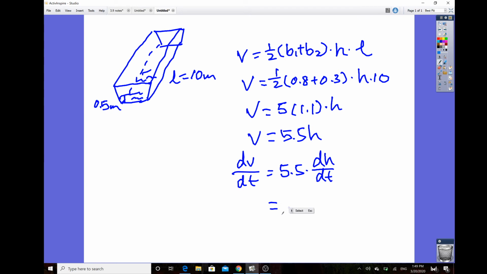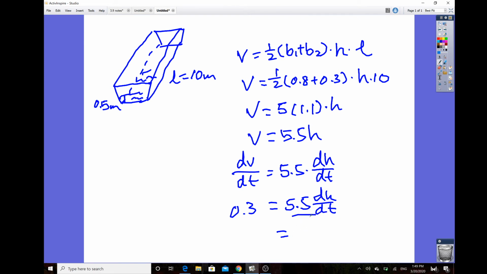Another thing we noticed is the rate of change of the volume for the water level is 0.3 cubic meter per minute. So plug in a number: 0.3 equals 5.5 dH over dt. Now you want to find out how fast the water level is rising, so that means you want to find the rate of change of the height of the water level.